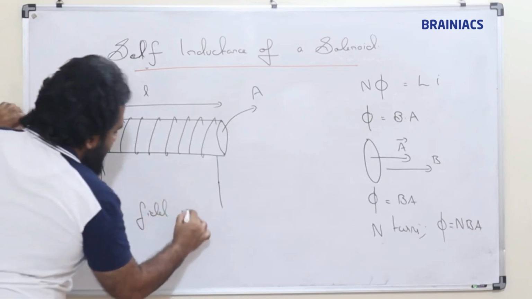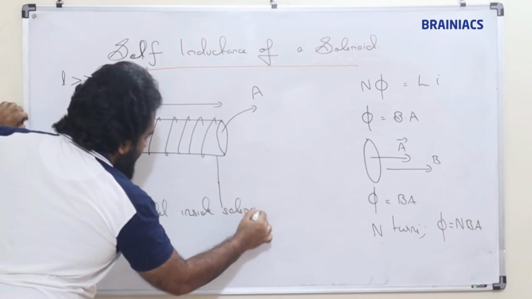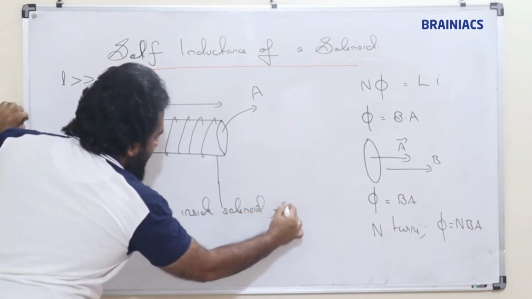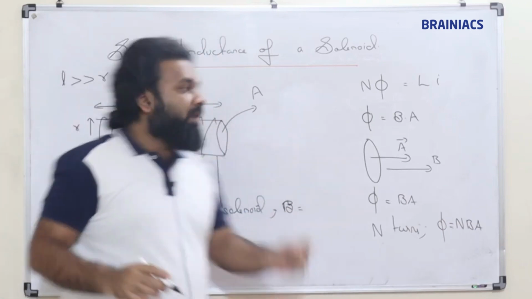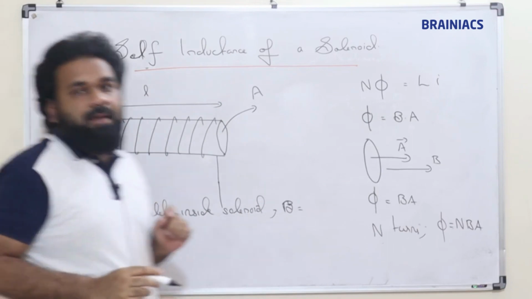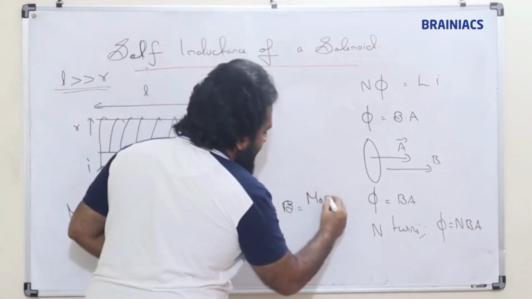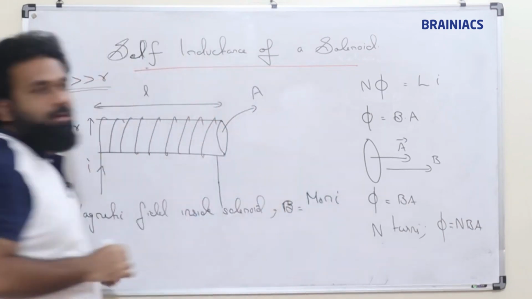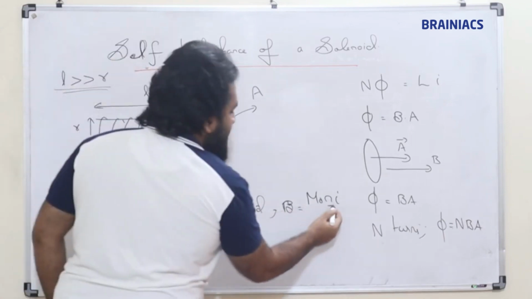The magnetic field inside a solenoid is B equal to mu 0 n i, since we have assumed that the length is much greater than the radius. This is the magnetic field due to a solenoid. Now what is this n?